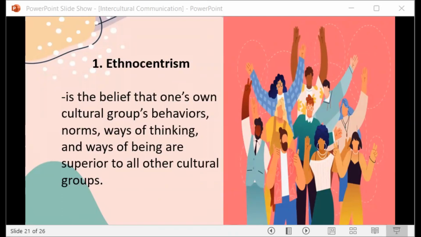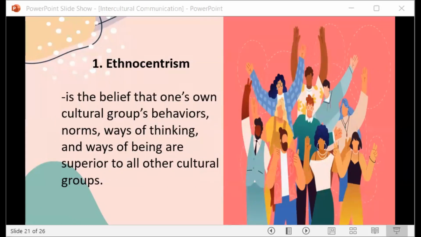Ethnocentrism should not be confused with patriotism, which is the devotion to one's country. Ethnocentrism carries devotion to the extreme point where you cannot believe that another culture's behavior, norms, ways of living, and ways of being are as good or as worthy as yours. We should avoid that kind of mindset, because there is no culture that is superior or inferior to another.